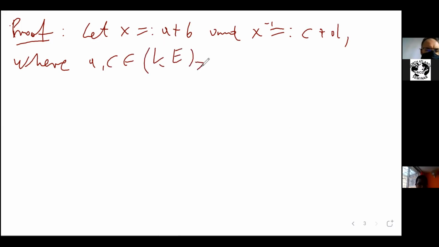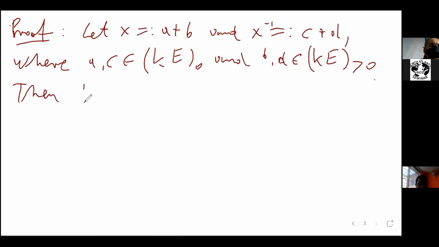Oh, sorry, this should be KE0. And B and D are in the arrow ideal. They are uniquely determined. Okay, then what happens? We can write 1 as X times X inverse.